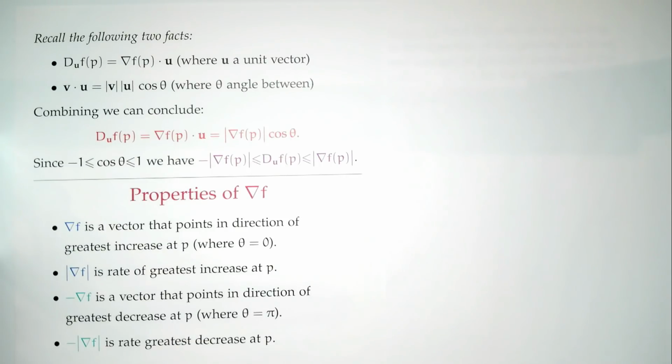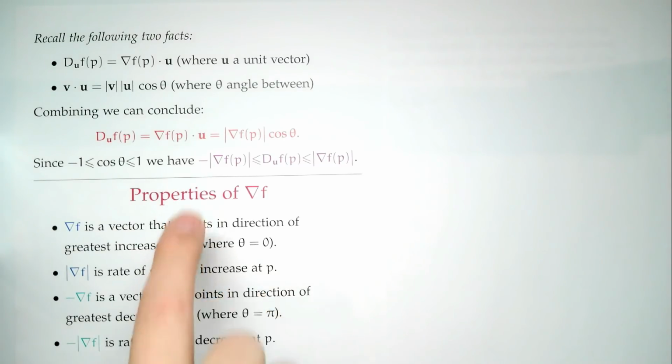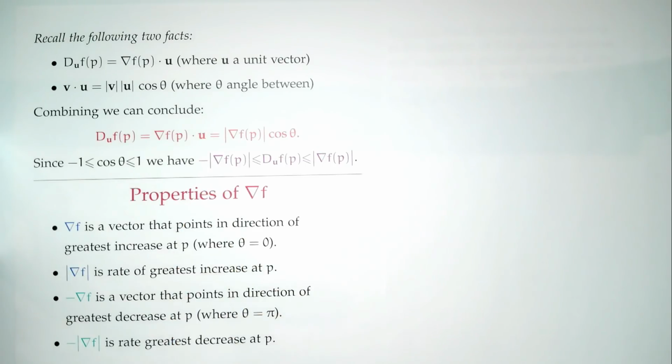Well, what if I want to go down? That's not so bad. If I want to go down, in other words, I want to have the greatest decrease, well, the greatest decrease is this other side, negative the magnitude of the gradient. And the answer is, choose your theta so that cosine theta is -1, which means theta equals pi. That means you're going exactly opposite.